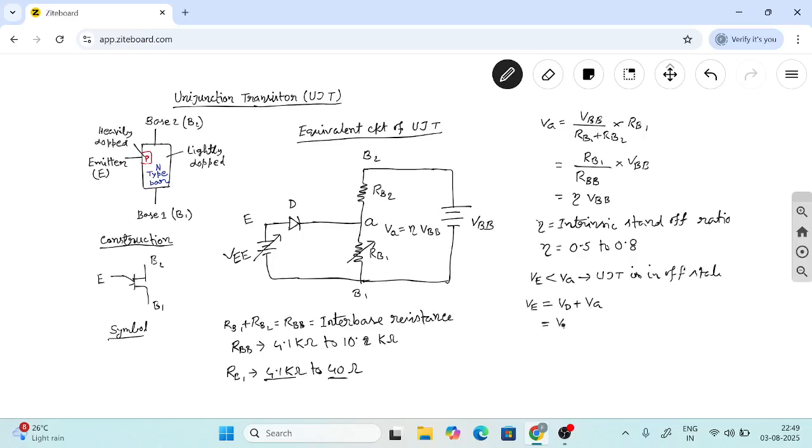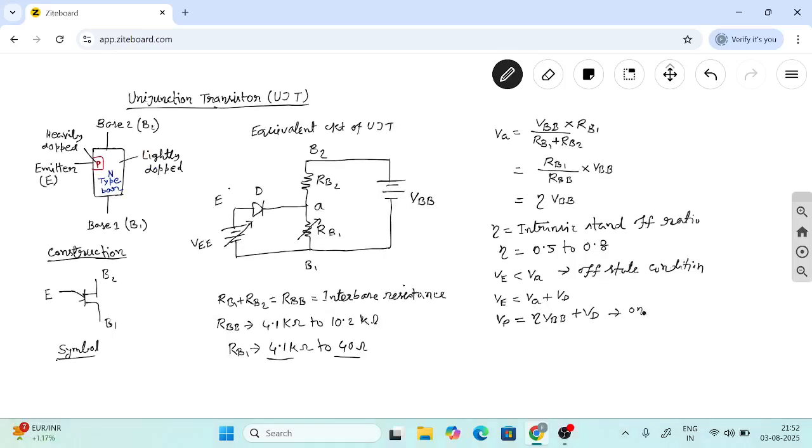Here VA is equal to eta VBB. So whenever VE reaches this voltage, which is also called the peak voltage, UJT will be in on state.